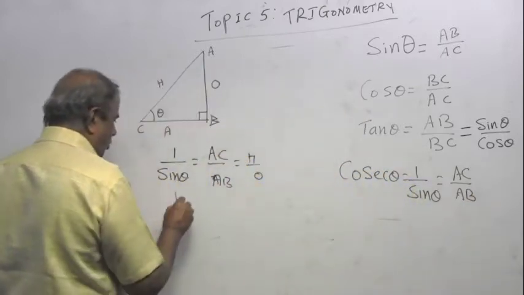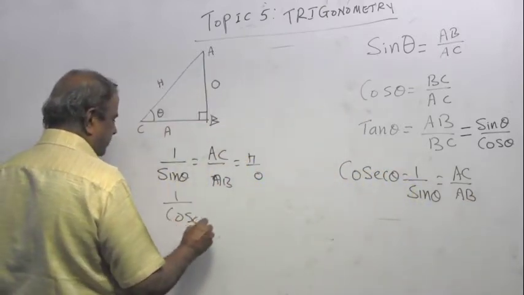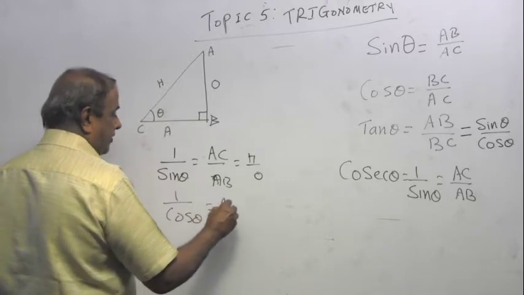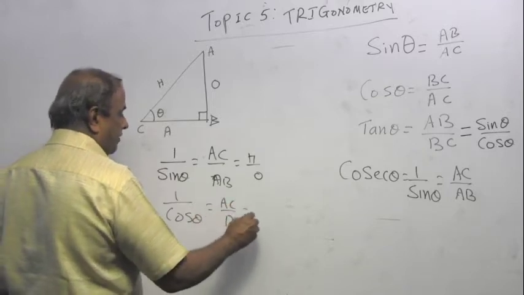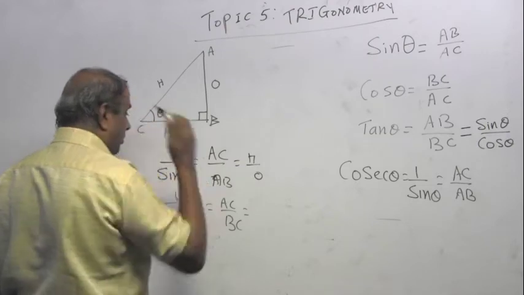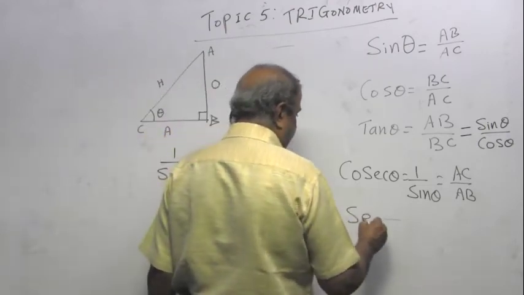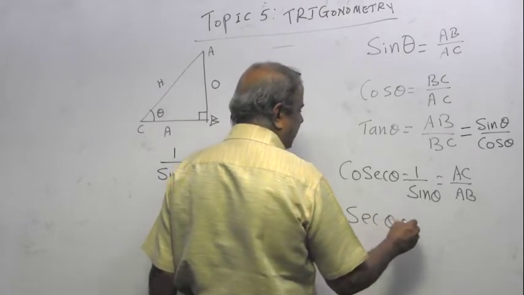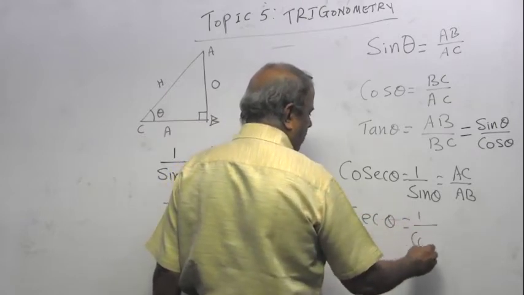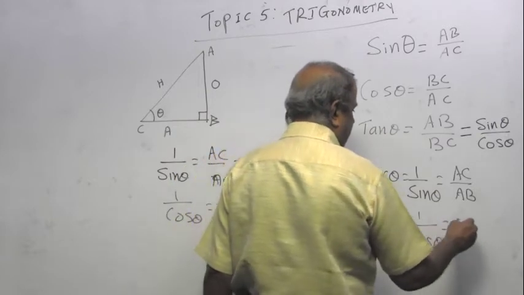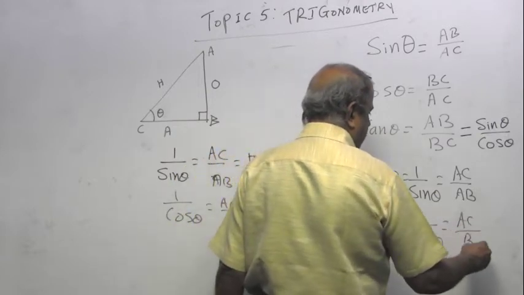Similarly, what is 1 over cos theta? It is AC over BC, which is hypotenuse over adjacent. So that is secant theta, we use sec theta, which is 1 over cos theta, which is AC over BC.